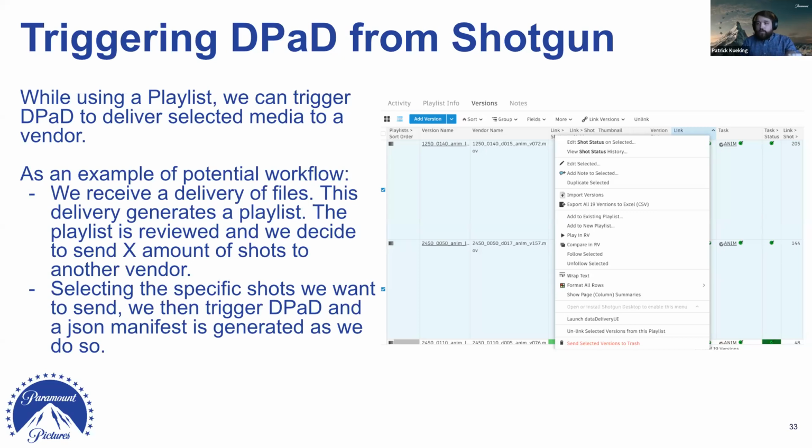So then you could just select those specific versions that you want to deliver to the vendor. You can just right click and trigger the D-pad tool to open up. It will create the manifest automatically. All the files will populate, and you make your selection of email or message, and it's basically all done for you. Yeah, those were just a few things that have been really beneficial with this workflow for production.